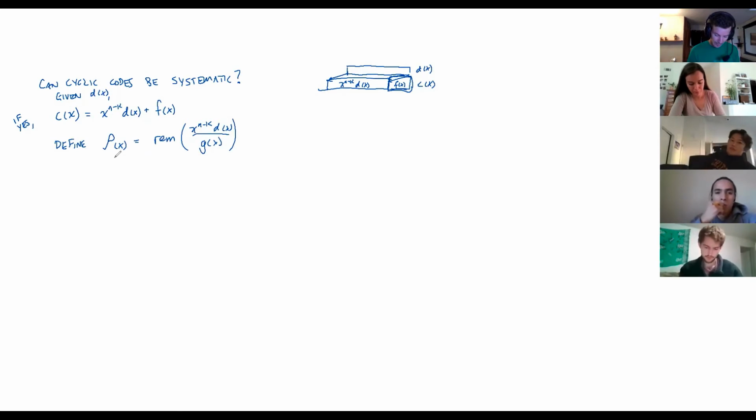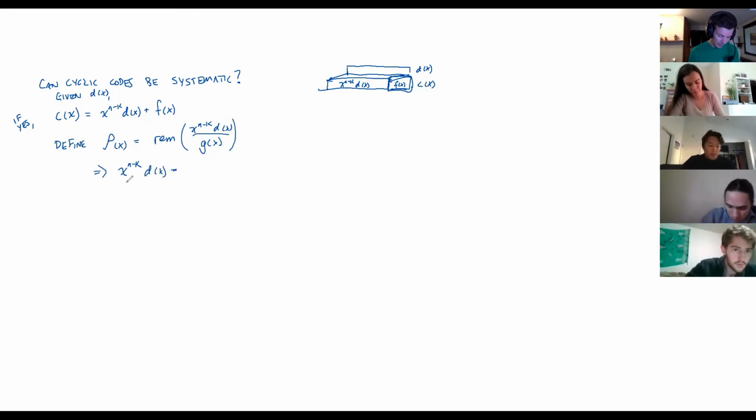So if we take this definition, this implies that x to the n minus k times d of x, divided by g of x, can be written as a quotient polynomial, q of x, plus rho of x over g of x. I'm sorry that my q's and my g's look so similar. That is my fault, not yours.